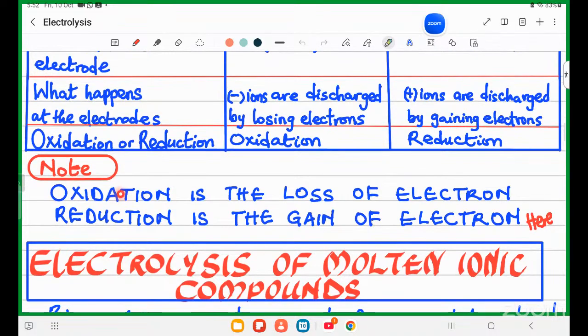So we gave the definition of oxidation and reduction, which is oxidation is the loss of electron, while reduction is the gain of electron. We explained this in the last lesson, right? So we're going to continue from there by God's grace today.